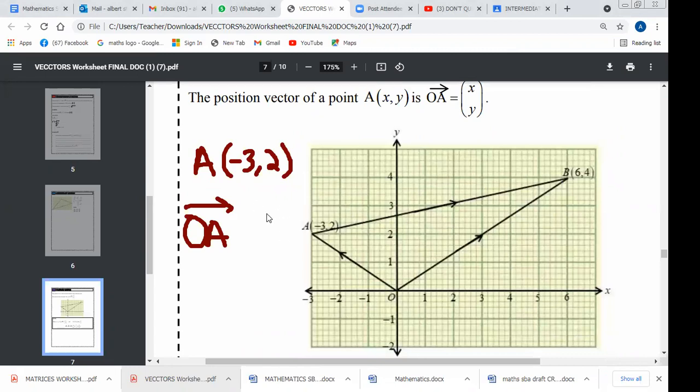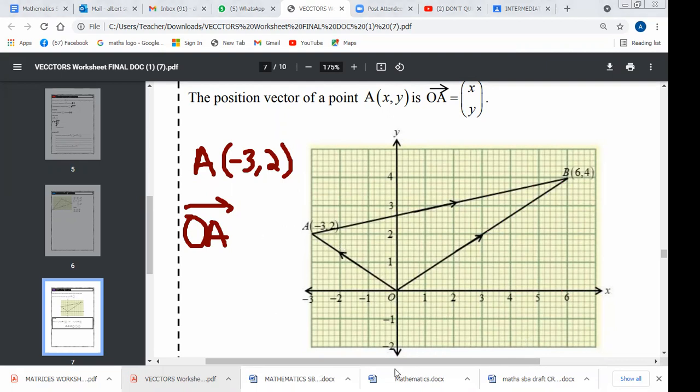Remember, a vector has 2 points. You can say AO. Nothing is actually wrong if you say AO, but in the initial stage, you wouldn't want to say that. You would want to say from O to A. But it is fair enough for you to ask. Yes, you can actually say AO.